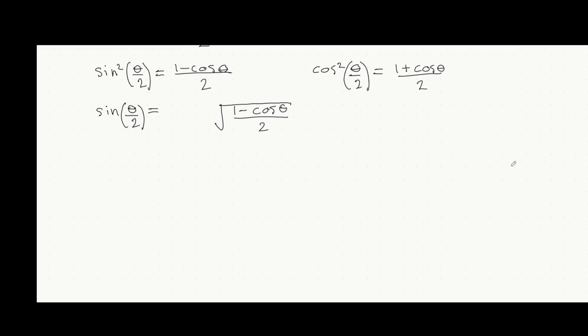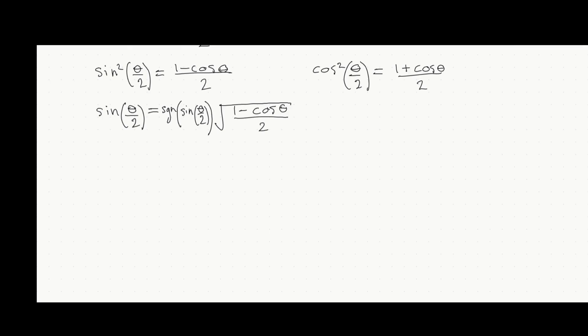Well, we just need to do a quadrant check on sine. So we need to check what quadrant theta over 2 is in, and then we'll know what sign the value of sine needs to have. And we'll represent that by the sign function, or just SGN for short, of the sine of theta over 2.